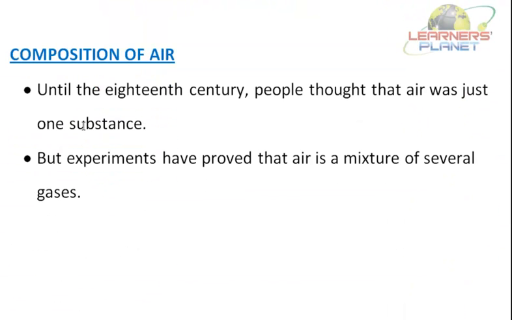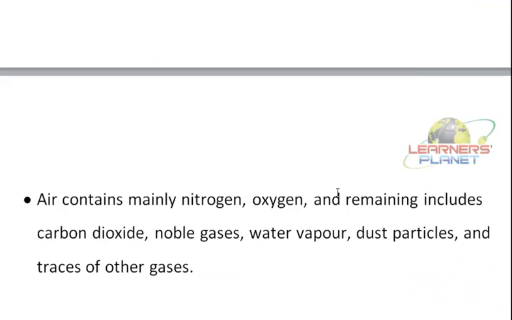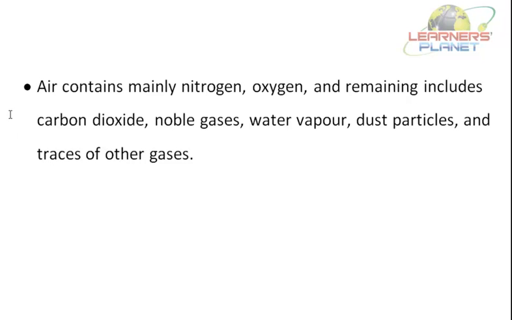Students, until the 18th century, people thought that air was just one substance. But experiments have proved that air is a mixture of several gases. Several gases means it contains mainly nitrogen, oxygen, and the remaining percent includes carbon dioxide, noble gases, water vapor, dust particles, and traces of other gases.